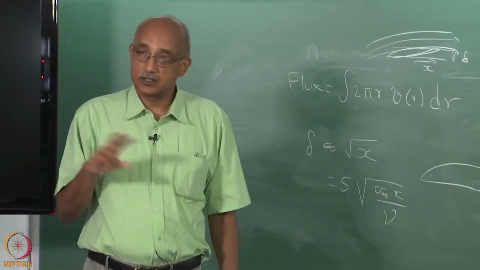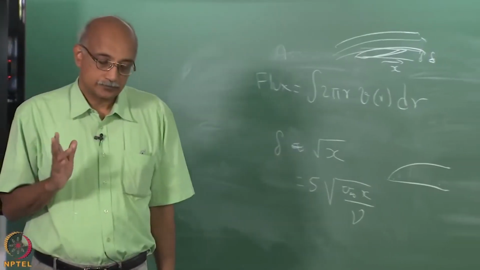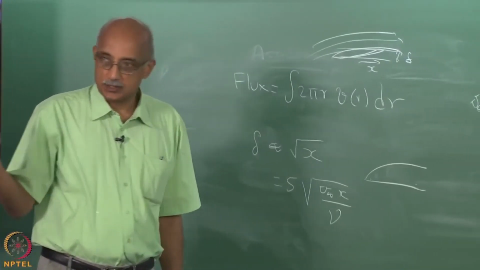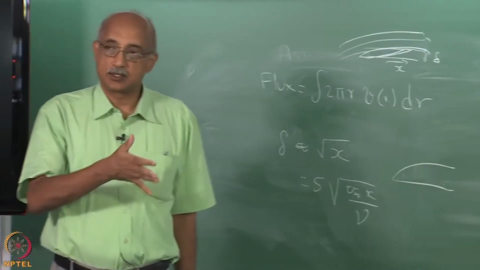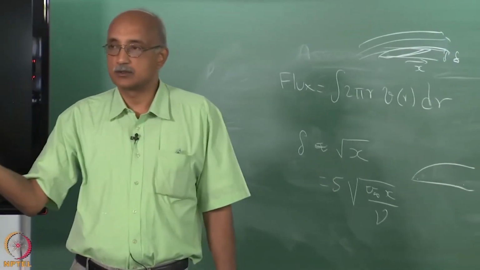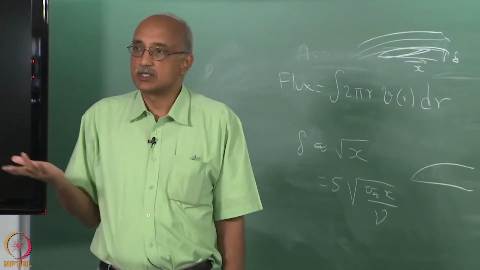Right. Earlier we had discussed this non-uniformity in another context, which is that if you have a pure species that is being fed into the system, the concentration of the species will be much higher at the leading edge and then it will start trailing towards the trailing edge. And we said you fix that by essentially using a diluent.